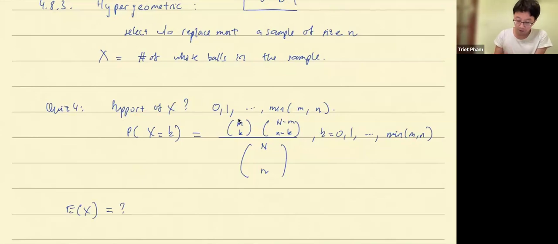If you go with the definition, the expectation will be the sum over all range of values, which is from 0 to this, of k, the value, times the probability that X takes on these values.